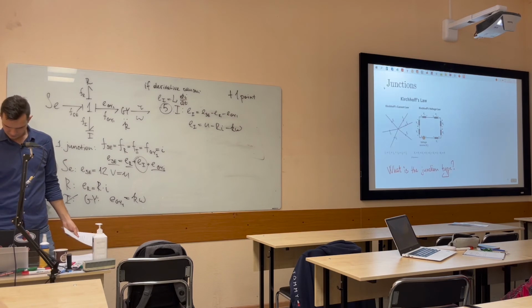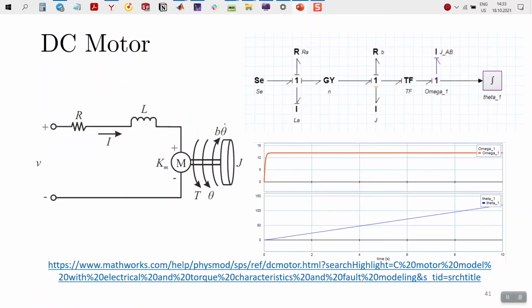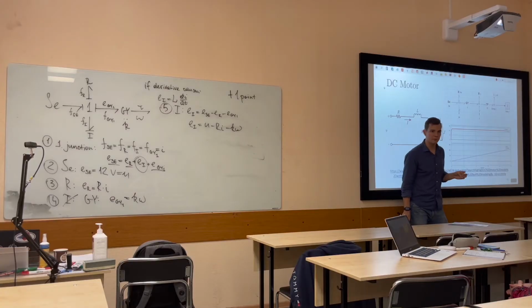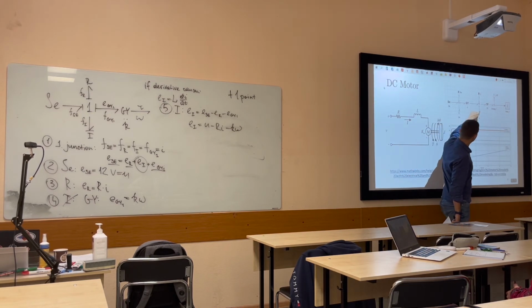Okay, so this one is the DC motor, the bond graph, and here you can see, I believe, the angular velocity, so if our current is constant, the omega also will be constant. So here I just give you some comments.